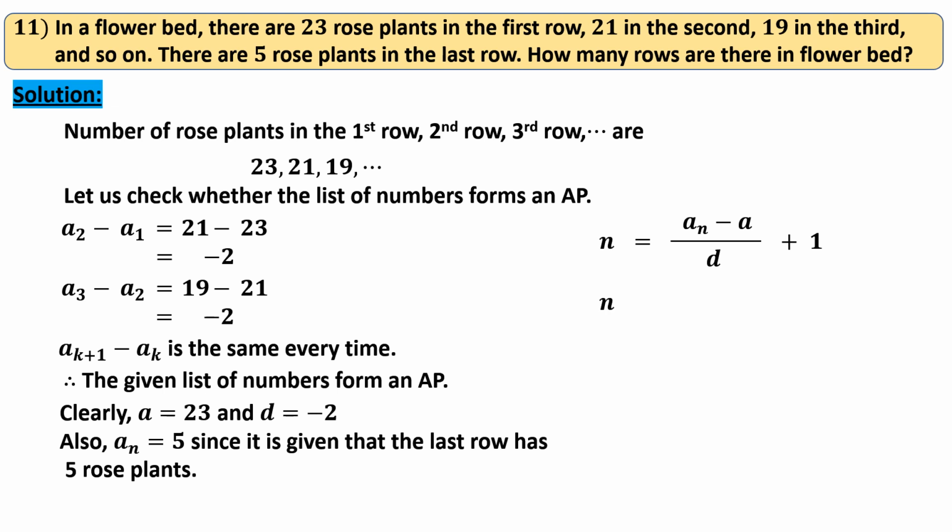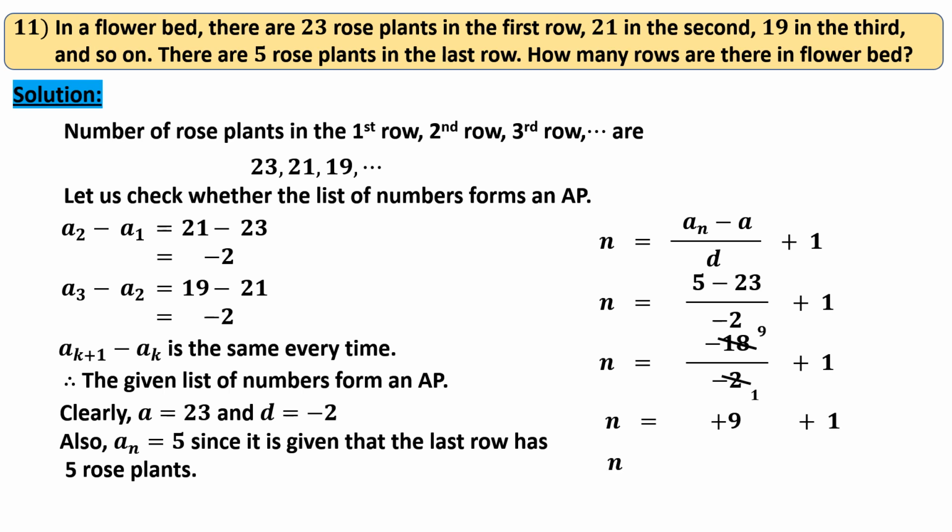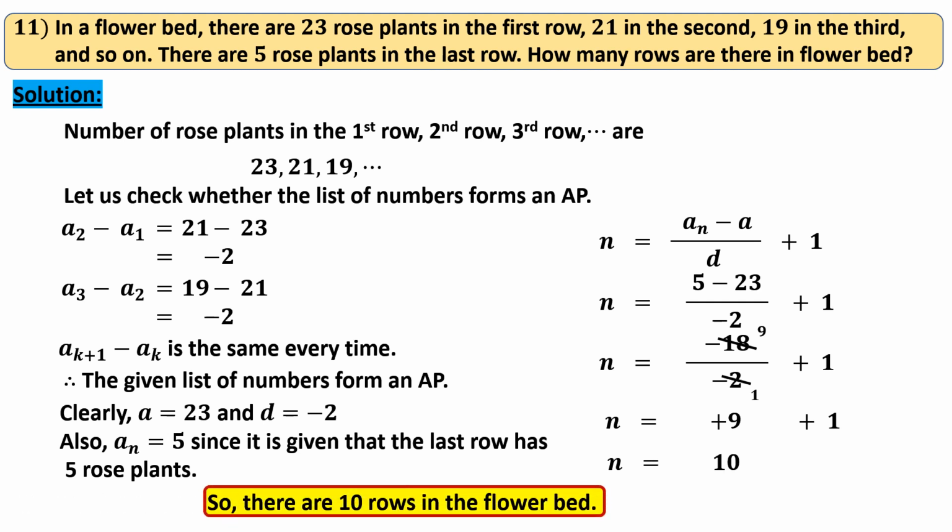We can also use an equals a plus n minus 1 into d. n equals (5 minus 23) divided by minus 2, plus 1. n equals minus 18 divided by minus 2, plus 1. 2 nines are 18. n equals minus divided by minus is plus 9, plus 1. n equals plus 10. Therefore, there are 10 rows in the flower bed.